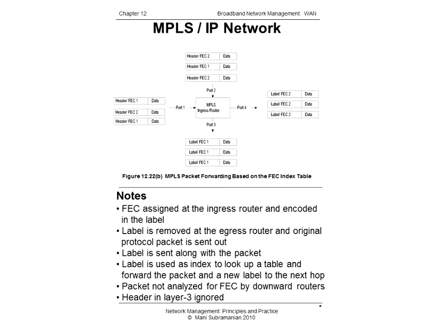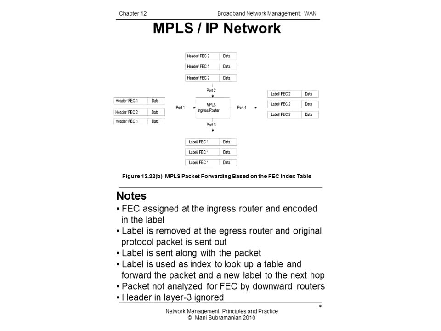So in MPLS, the assignment of FEC to a particular packet is done just once at the router and is encoded in a short fixed length value in the label. So once a packet is assigned to an FEC, no further header analysis is done by the subsequent routers, and all forwarding is driven by the labels.